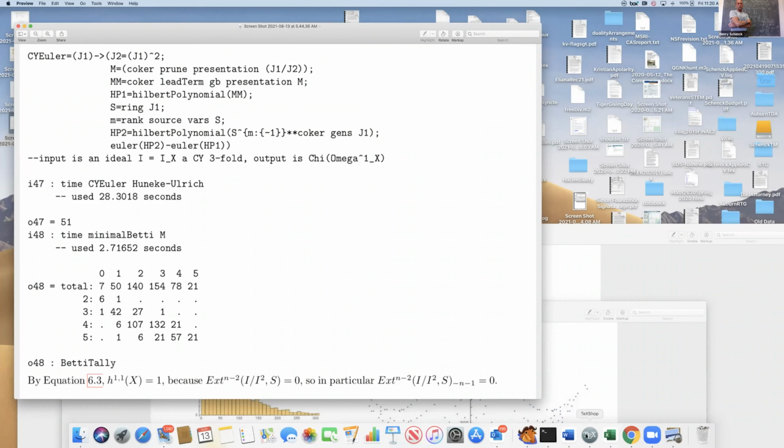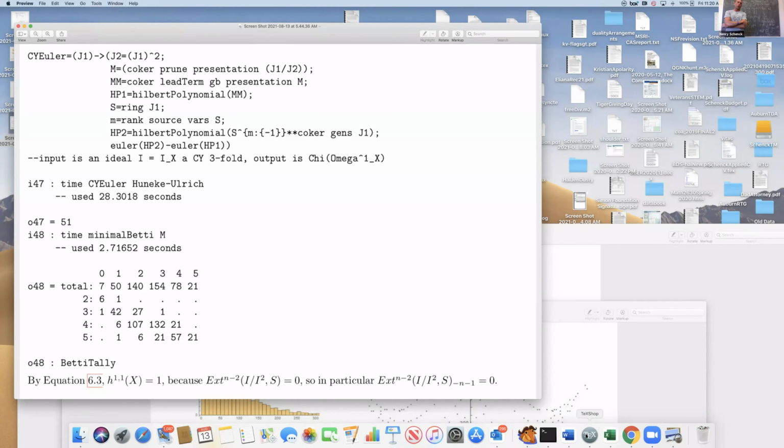And then there's an interesting thing that we do here, which is sort of trickery. This gives us the Euler numbers, telling us the difference between h11 and h12. So we need to get our hands on either h11 or h12, and those are both more complicated computations.